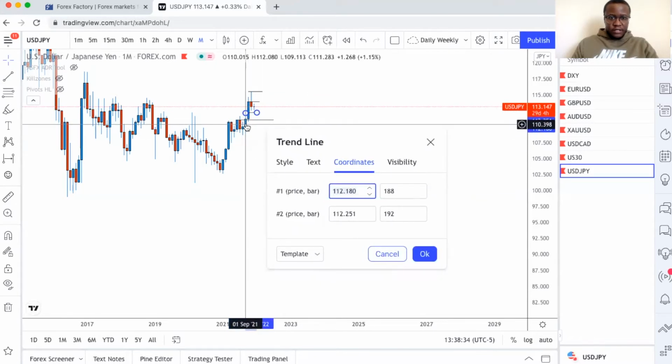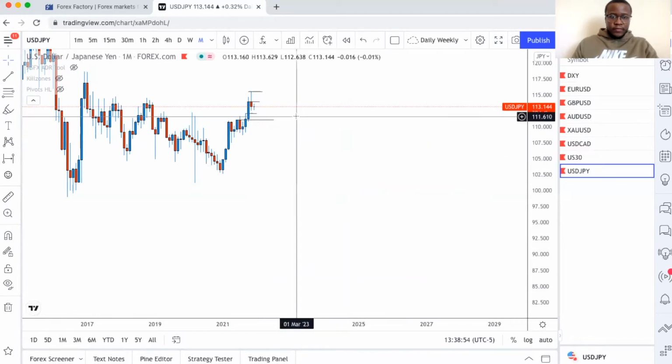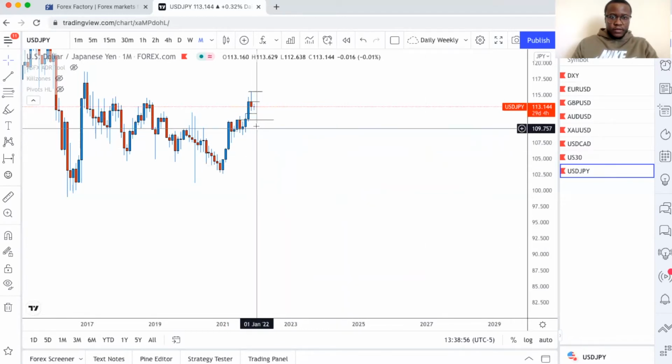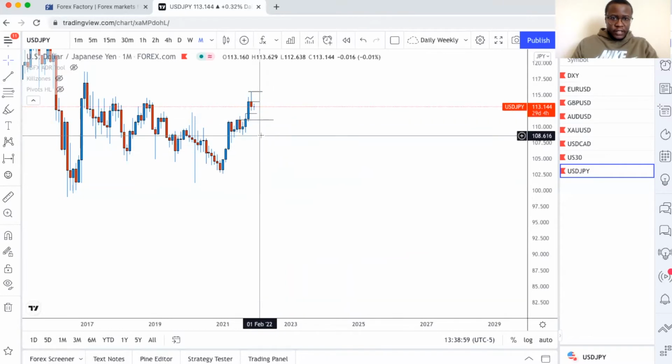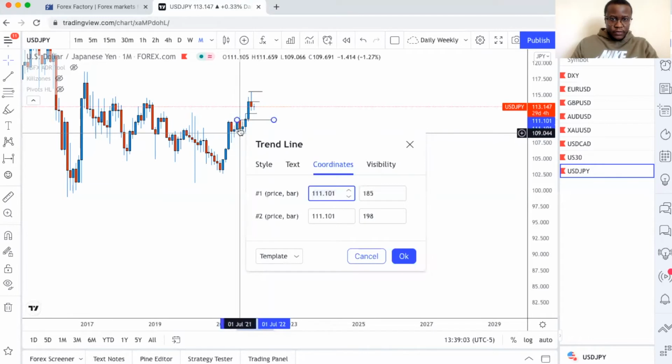So this is, what's the high on this? 80. I'll just leave this one at 80. 112.080. And this one right here is the body.